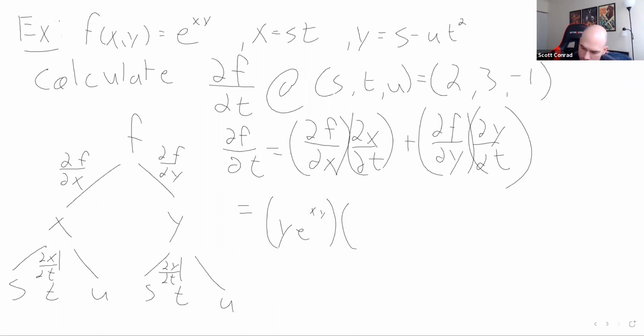And then what's the partial of x with respect to t? x is equal to st. What's the partial of st with respect to t? We get s, right? And then we do the same for the other. So df dy, the partial of e to the xy with respect to y, is x e to the xy. And the partial of y, which is s minus ut squared, with respect to t, is -2tu. Or sorry, -2ut, let me say. Same thing.